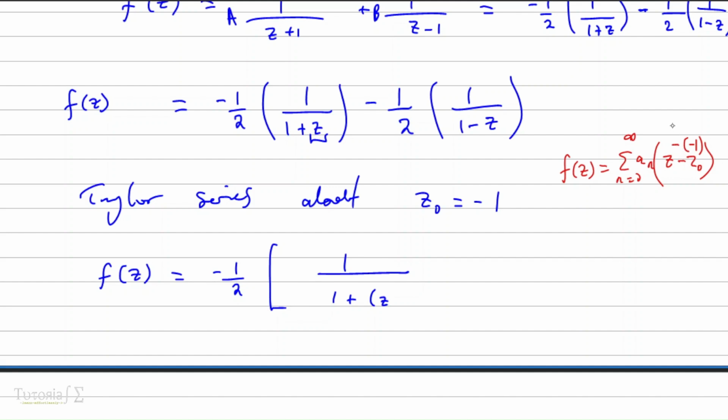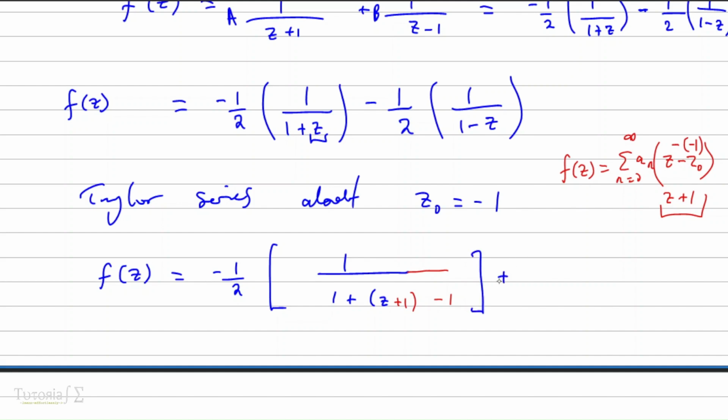It will be just z plus 1. So we are looking for something of that form. Here I'll put plus 1. Now, I don't want to change the meaning of the question. If I have z plus 1, what can I do to get rid of this 1? I can subtract 1 outside here. Then z plus 1 minus 1 will get rid of the 1, and we are good to go. So this is for this part.